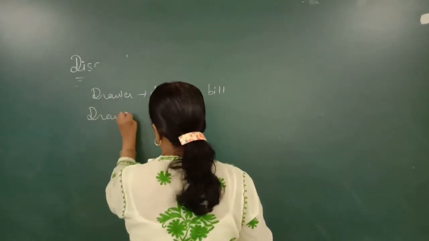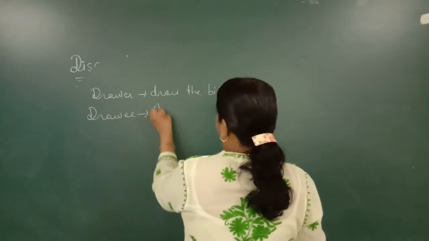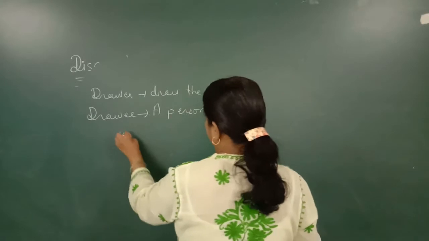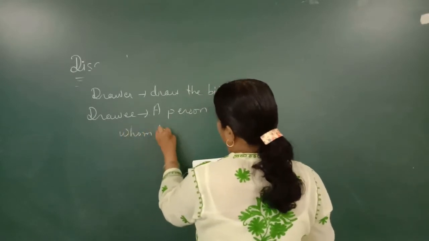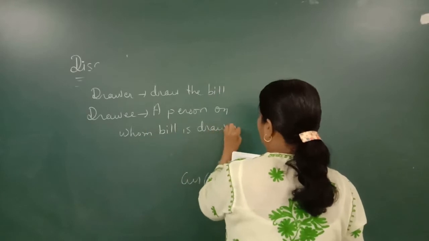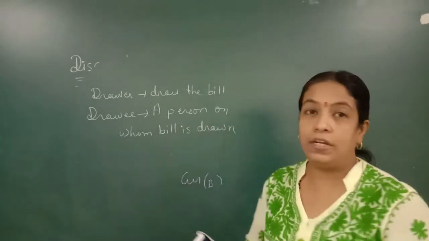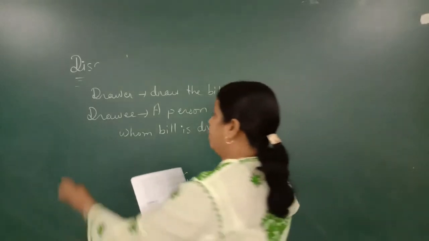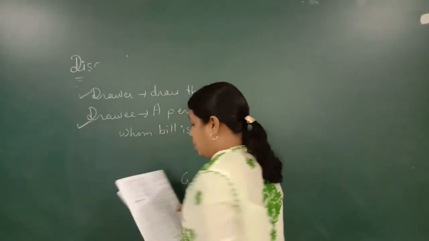Who will that be? Drawee. The person on whom the bill is drawn. The person on whom the bill is drawn is called the drawee. Got it? So drawer we got, drawee we got.